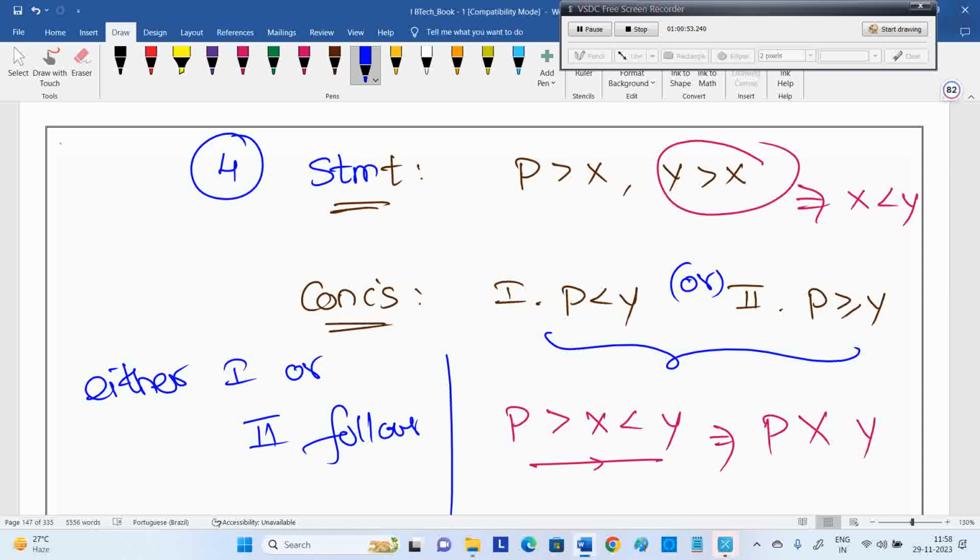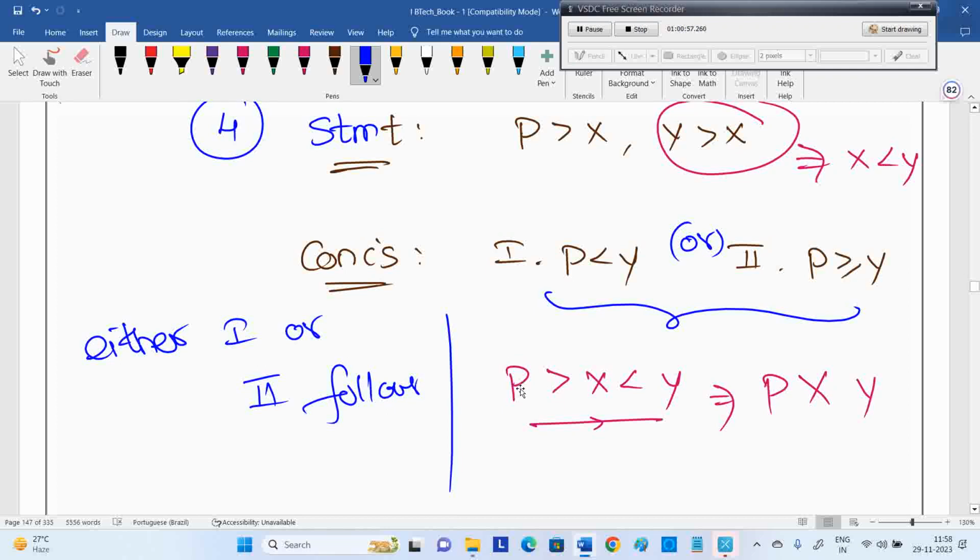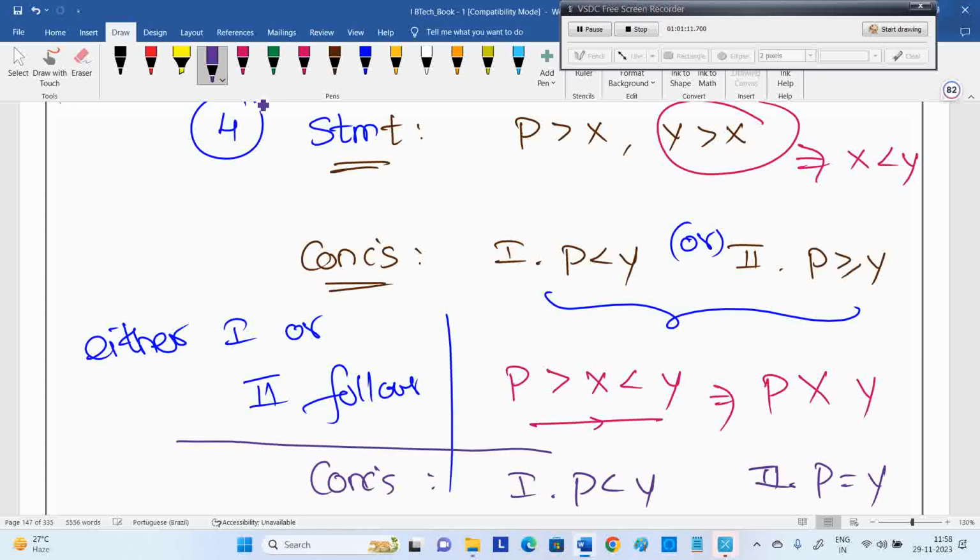But one small change, if you understand this point. Now same question, but let's say the conclusion is like this: conclusion one, P less than Y; second one, P equal to Y. Can anyone say what's the answer now? Same question.